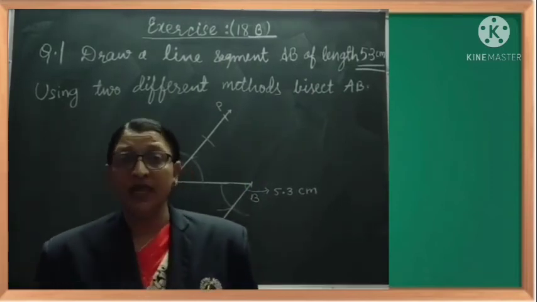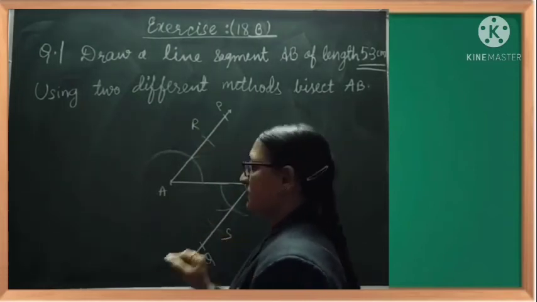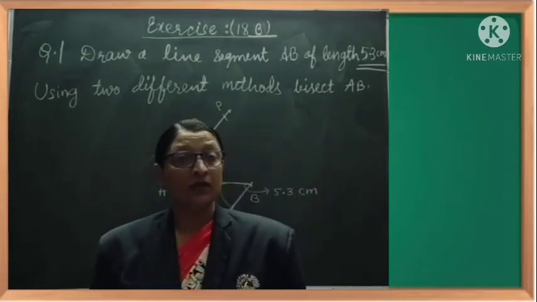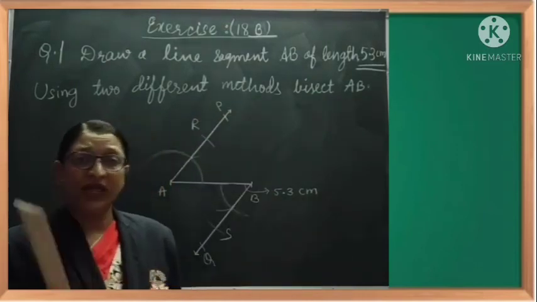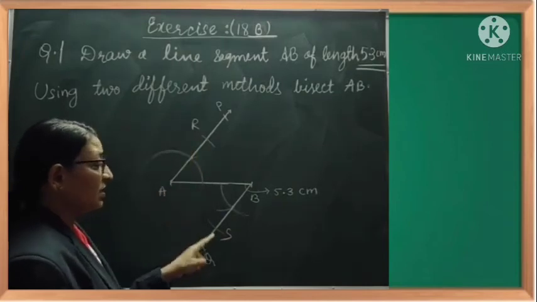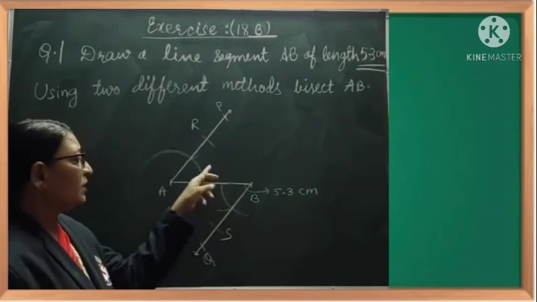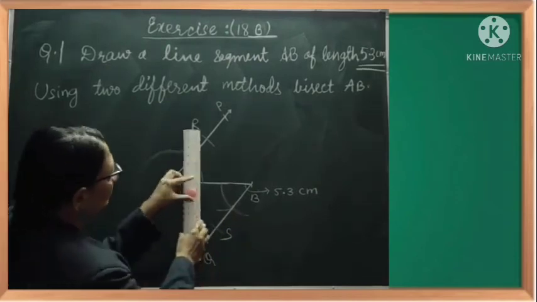Here we give the names as R and S. Now we do the last step. By taking a ruler, we will join the points R and S in such a way that it will cut the segment AB at a certain point.